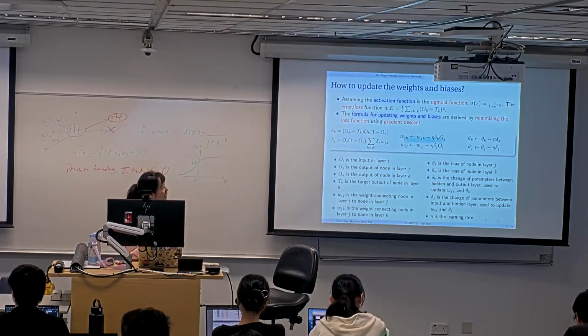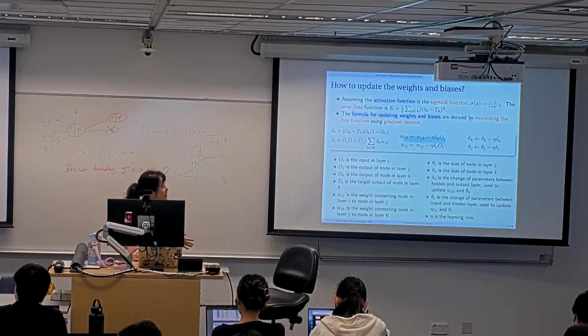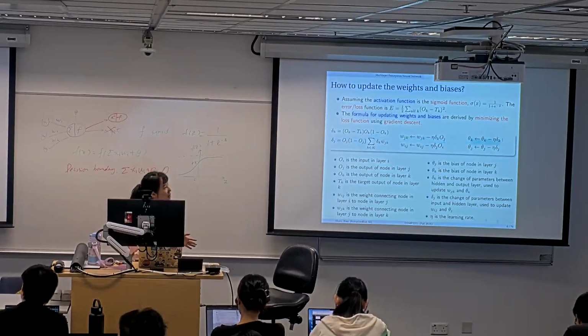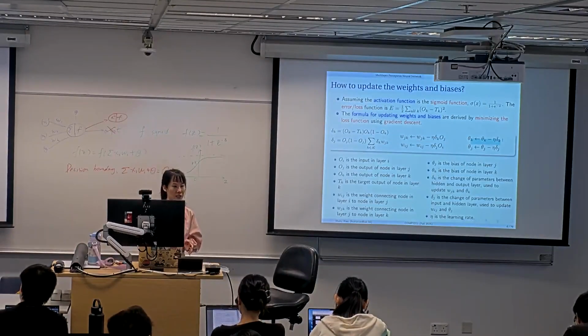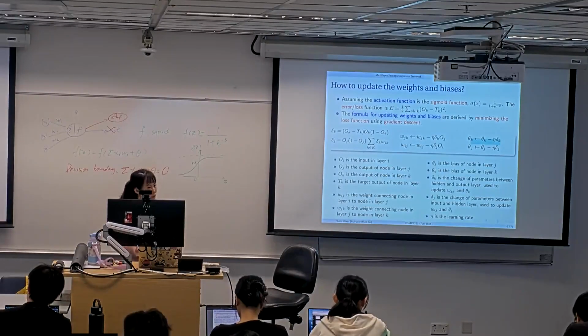So this is how we update all this Wjk. Then we need to update theta K, right? The parameters in the output layer also include the bias terms. So theta K will be the old theta K minus learning rate eta times delta K. After that, we finish updating the parameters between the hidden and output layer by using this delta K.